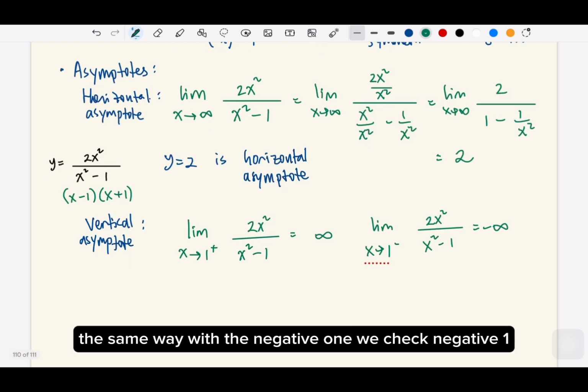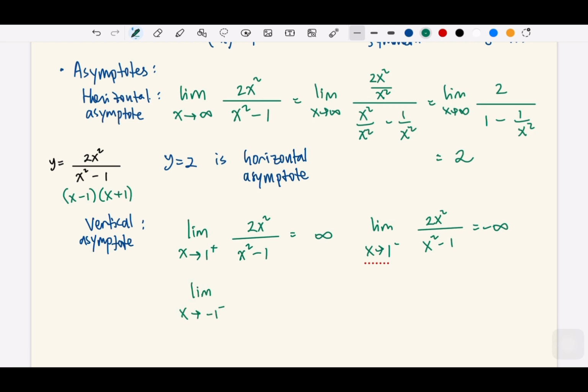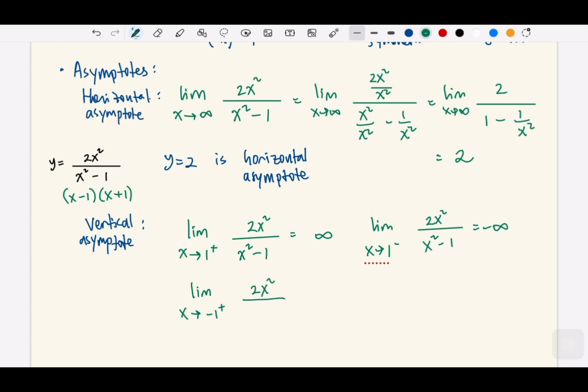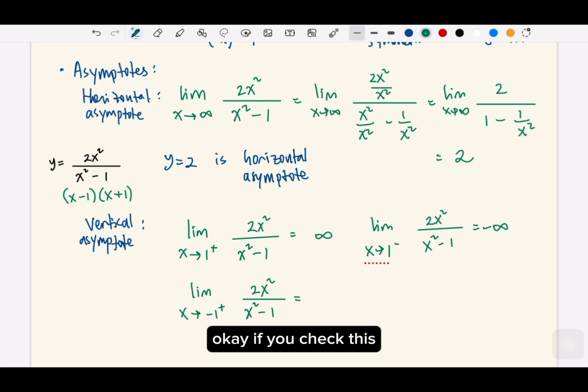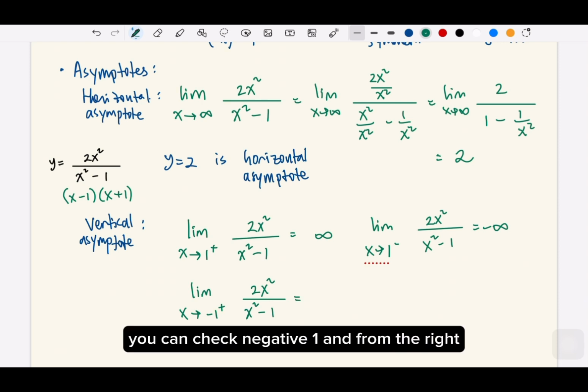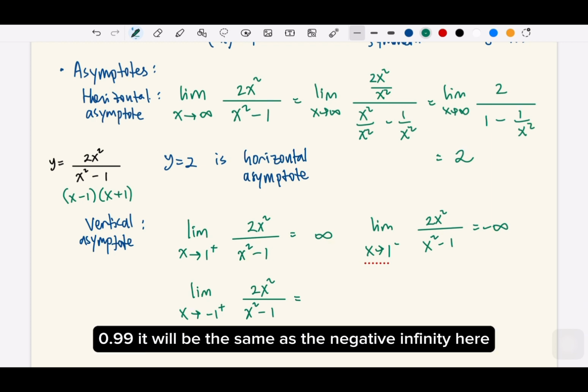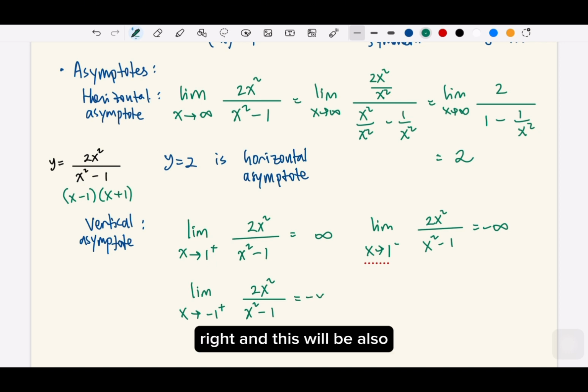The same way with the negative one. We check negative one from the right and from the left. Okay, if you check this, you can check negative 1, and from the right, it will be negative 0.99. Okay, 0.99. It will be the same as the negative infinity here, right?